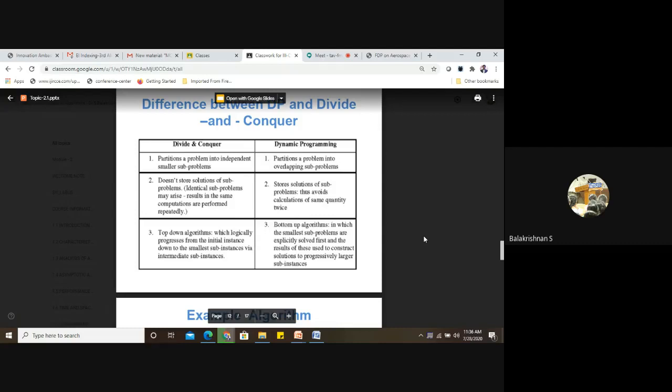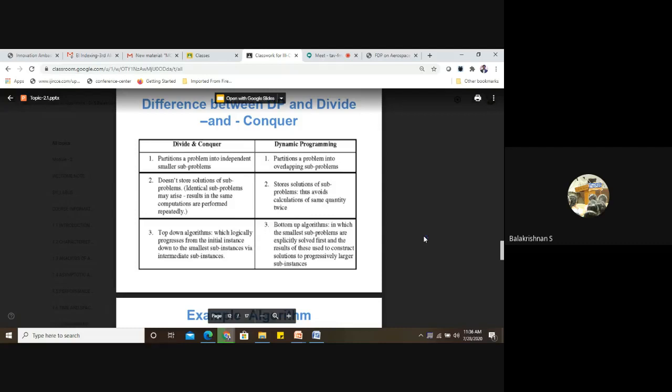The third important difference between dynamic programming and divide and conquer is that divide and conquer uses a top-down algorithm, which logically progresses from the initial instance down into smaller sub-instances via intermediate sub-instances. In dynamic programming, both top-down and bottom-up are used, but mainly dynamic programming uses the bottom-up algorithm, in which the smallest subproblems are explicitly solved first and the results are used to construct solutions to progressively larger sub-instances.